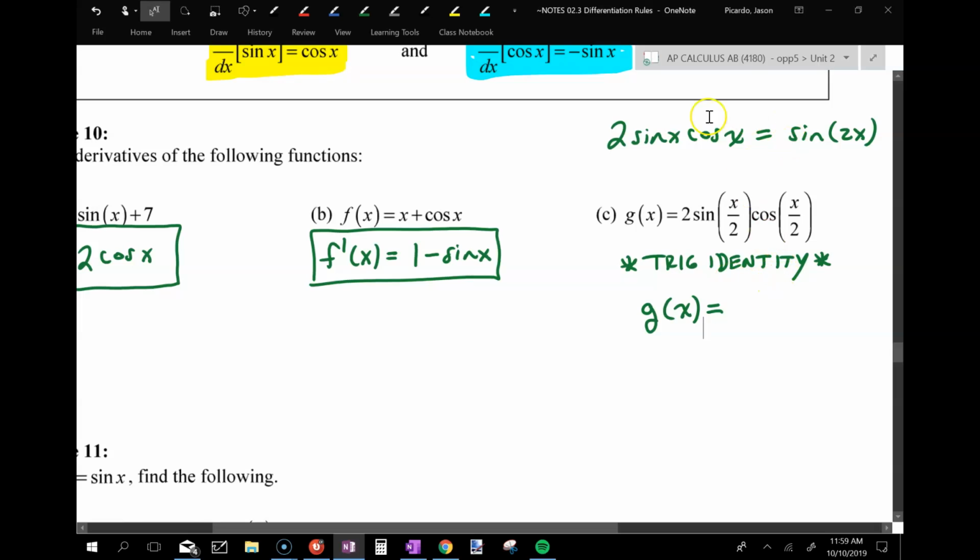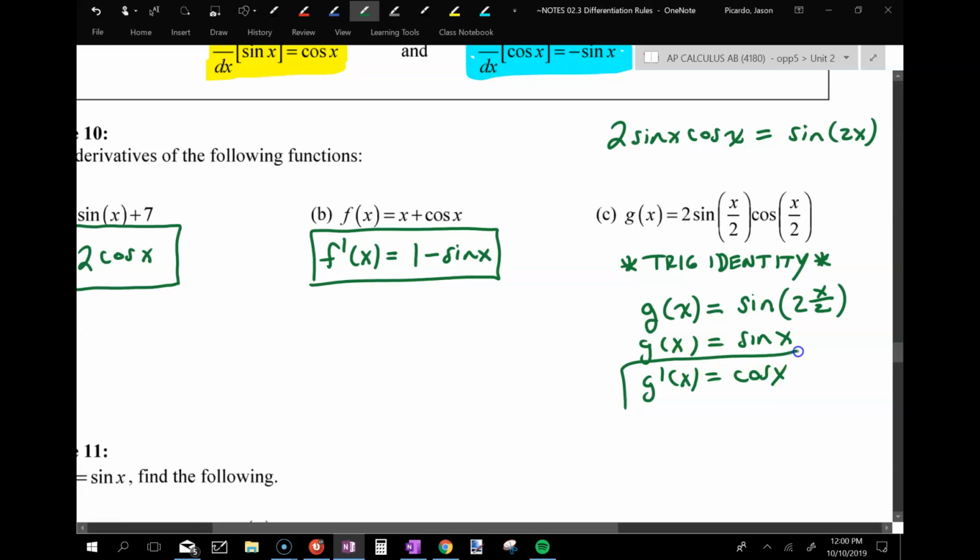So when I use this rule, it's going to be sine of 2 times x over 2, which is just x. And what is the derivative of sine of x? Cosine of x. So all of that for that.